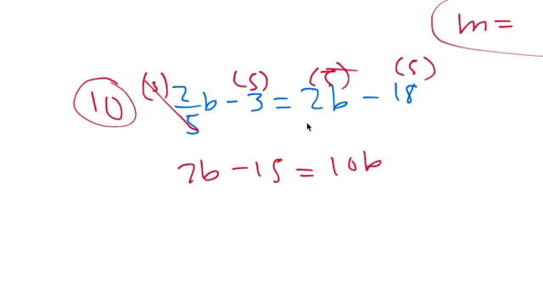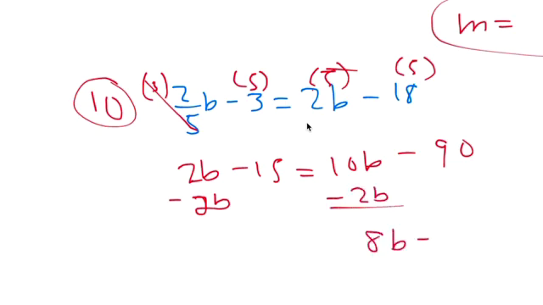5 times 2 minus 40, carry 40, 90. Minus 7b. 2b. Oh, no, minus 2b to both sides. That gets you 8b.